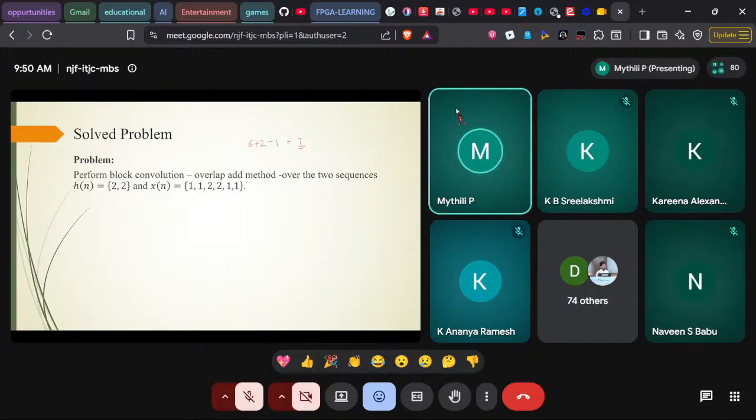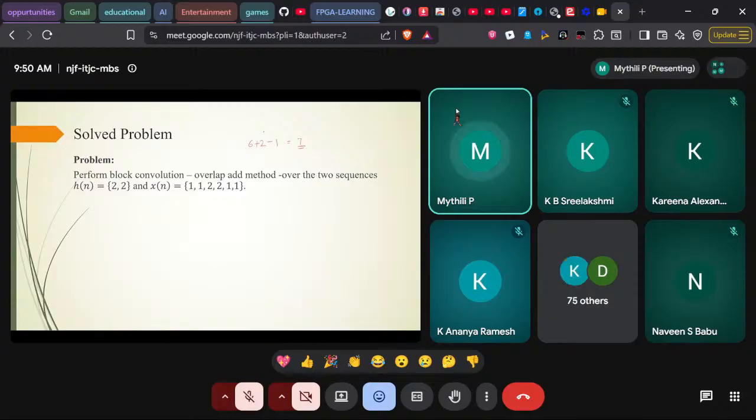Minimum 1 zero you have to pad on the x of n, and how many here? 5. Okay, and then you can use FFT, compute x of k, h of k, multiply them, and then find the IDFT. So you can make it 7, or you can add one more zero and make it 8.